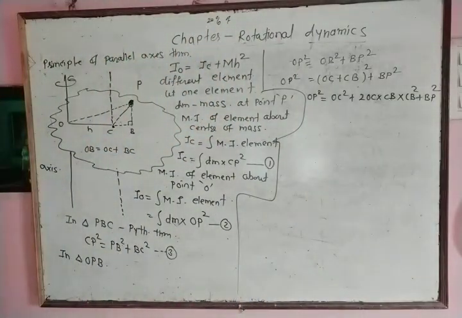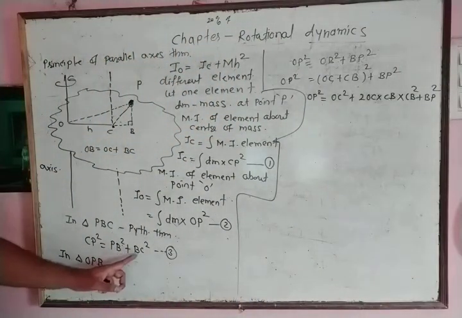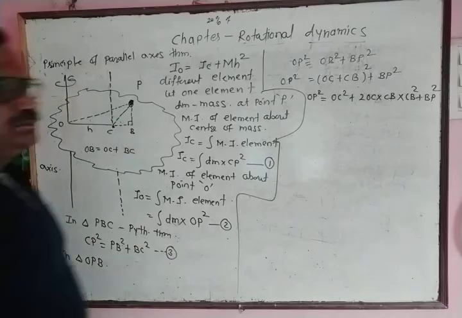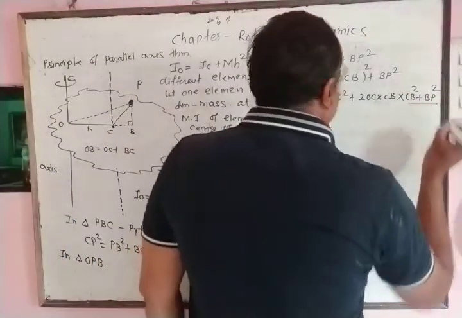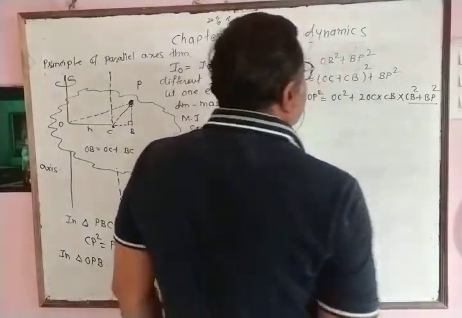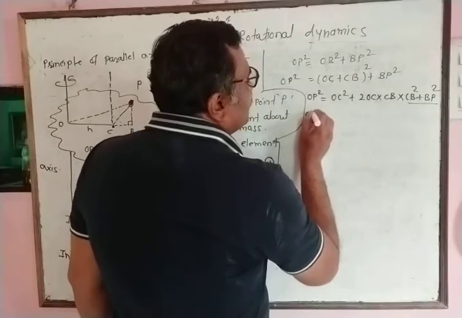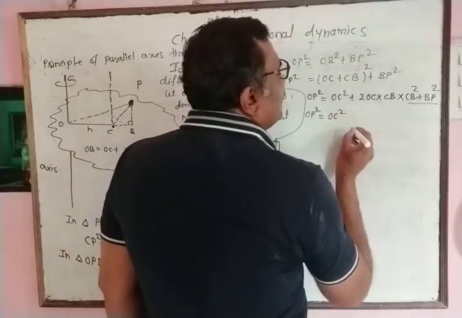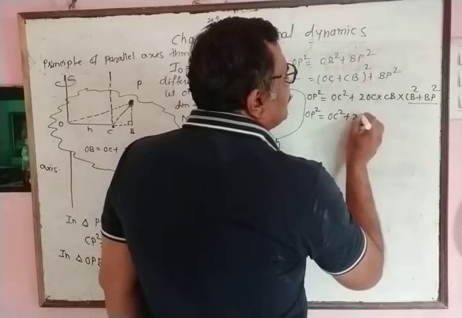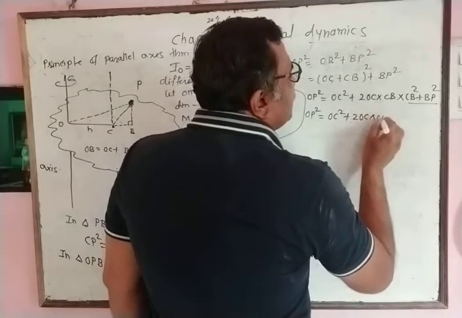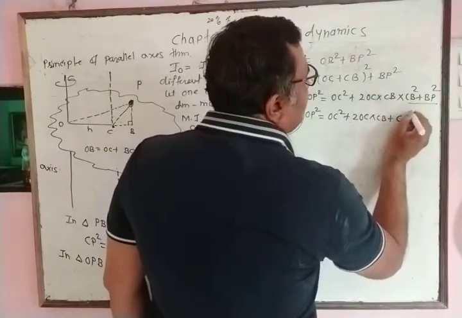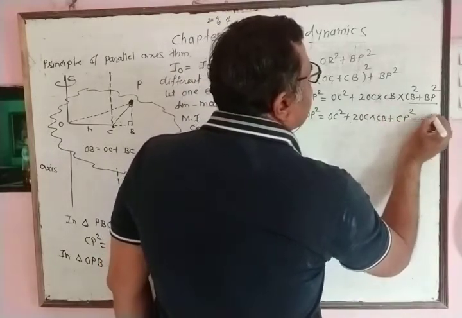But CB square plus PB square is equal to CP square. Here, by using equation number 3, we can write OP square is equal to OC square plus 2 times OC into CB plus CP square, and suppose this is equation number 4.